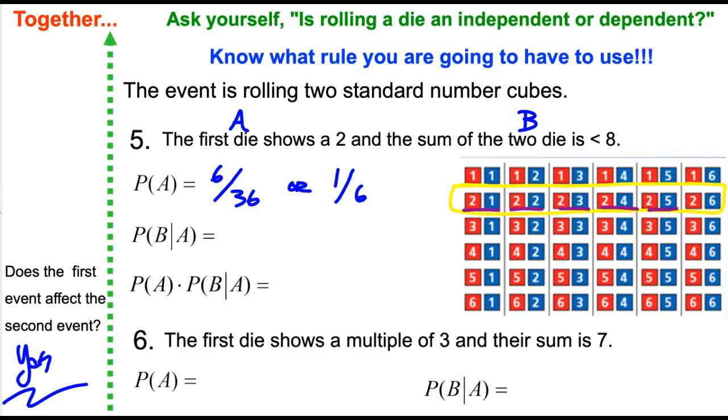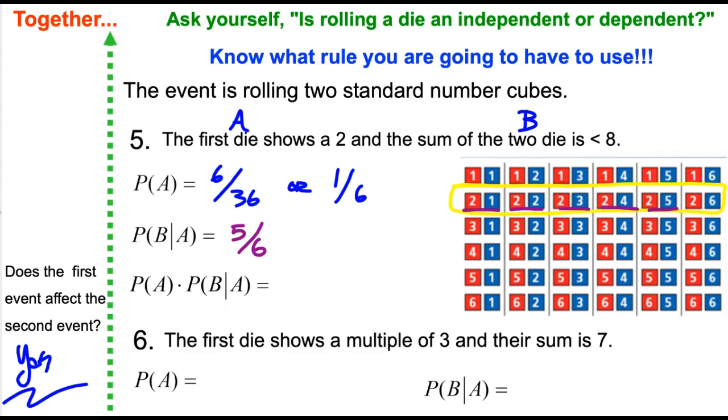Okay, so given that A happened, the probability of having a sum less than 8 is going to be 5/6. I just did the probability of B given A.